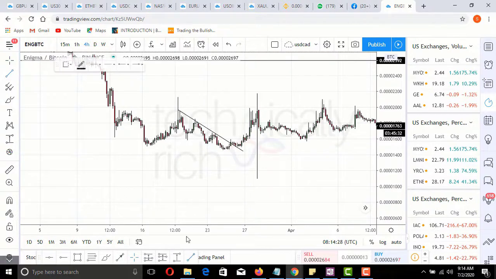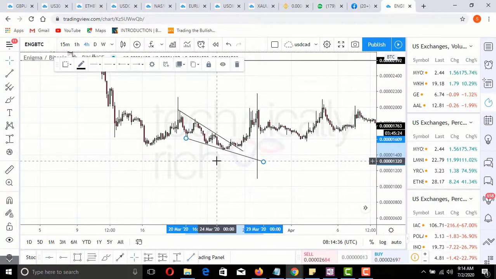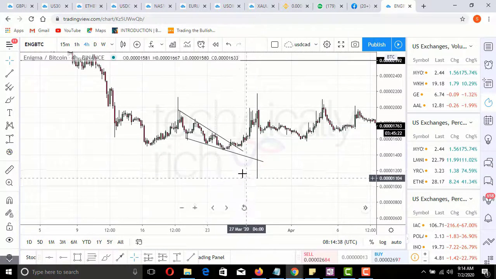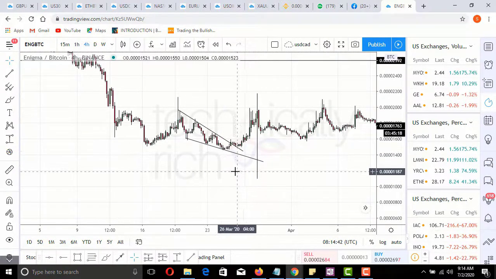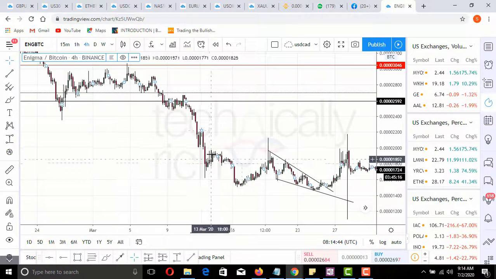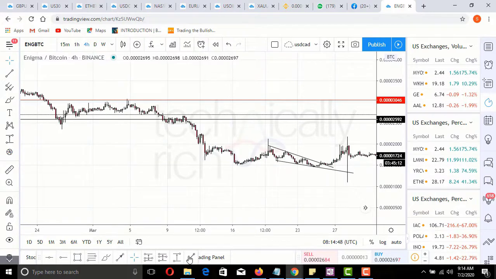So if I still want to make use of this, I can do this. So I can 1 and 2. So this is a valid one. See, there's no limit to the amount of trend lines you like to draw.